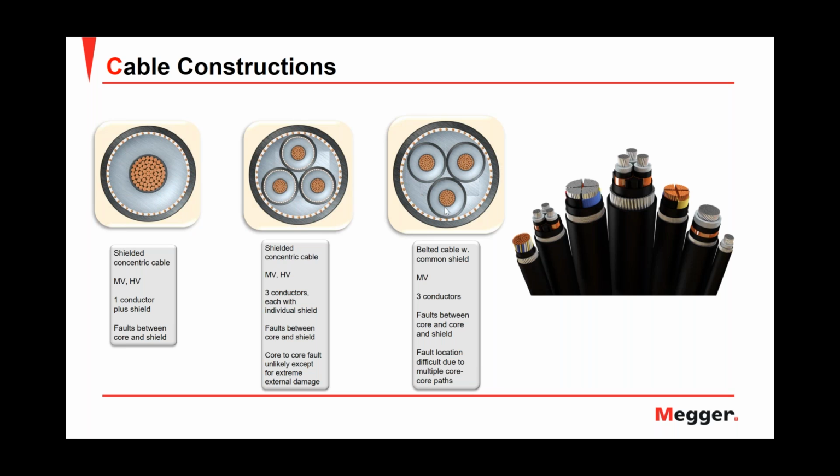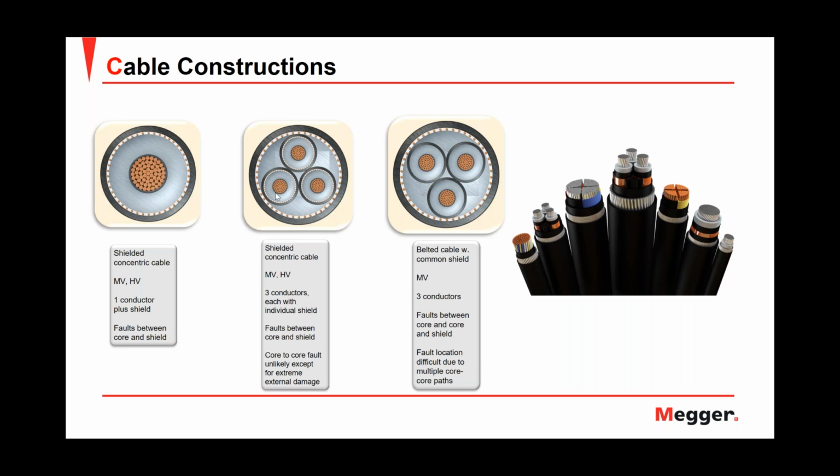So it's very important from the fault location perspective that we know the construction of our cable. Not only because it will determine how I connect my thumper and my surge wave generator, but also because, depending on the cable construction, that is where the fault may occur. For instance, consider the two three-core cables in this slide. In the first picture on the left, we have a three-core cable with an individual shield on each core.